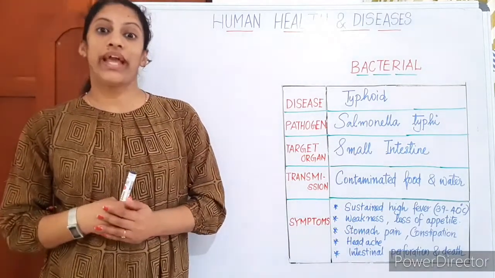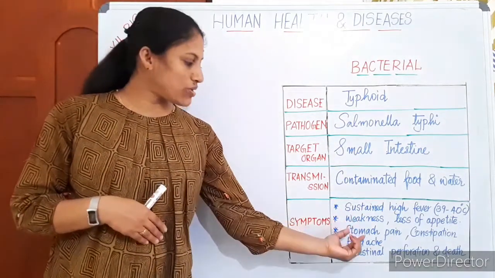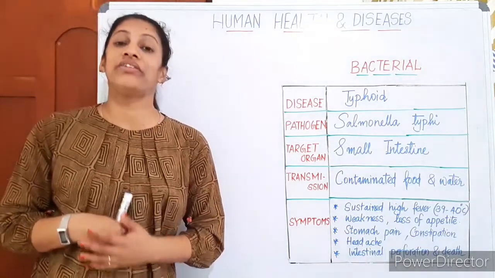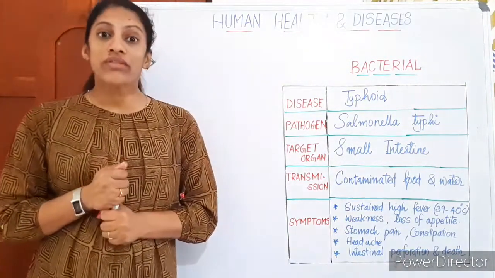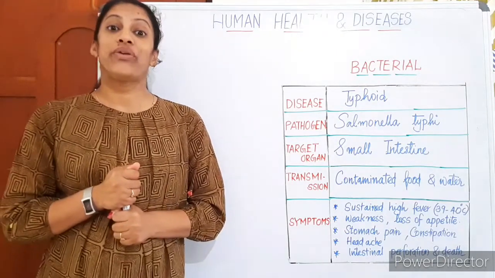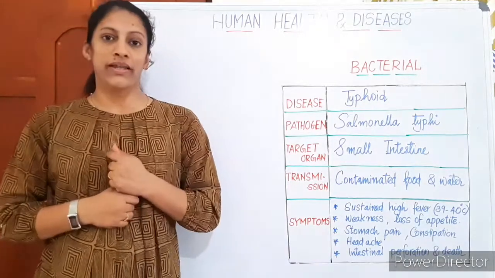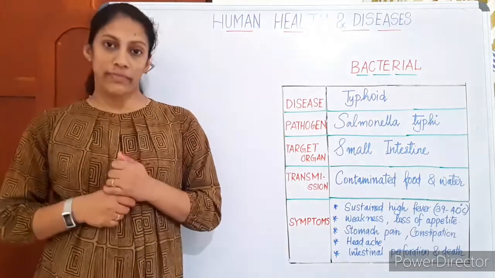Then there will also be headache. The patient also shows headache, intestinal pain, intestinal perforation and death. If the disease is not treated, it becomes a very lethal disease which can lead to the death of the person by intestinal perforation and bleeding.